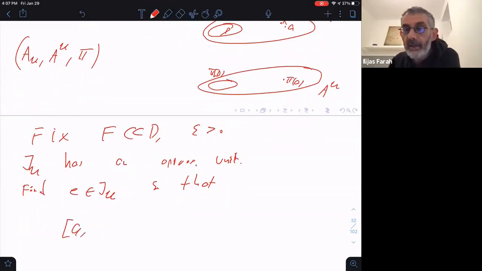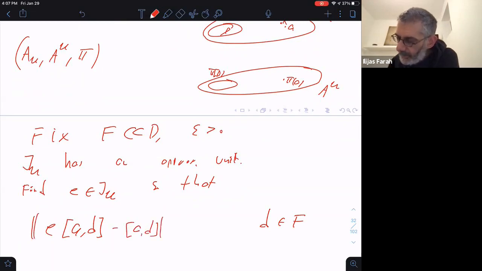If I take the commutator of A and d, where d ranges over this finite set, and multiply it by E, then the operator norm of this is at most epsilon. I can do this because F is a finite subset, and I have this E which does it.